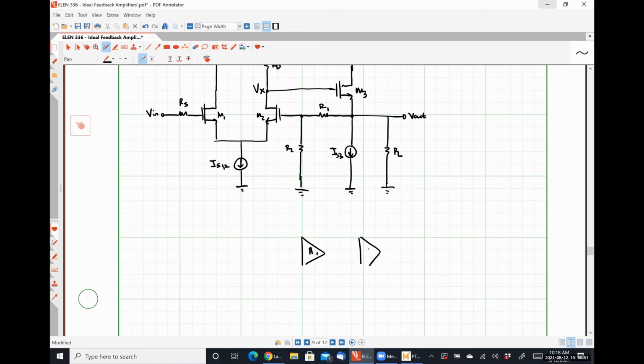Here's amplifier 1, here's amplifier 2. Here's K. All right.